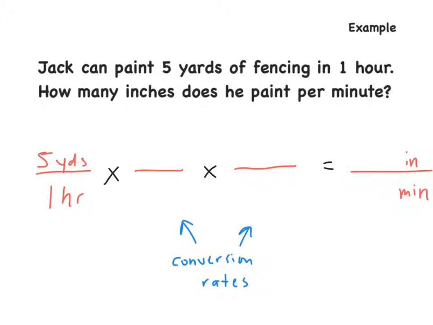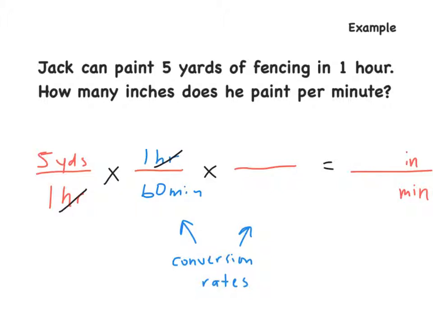We can either change yards to inches or hours to minutes, since hours to minutes are easier. So, remember, hours must be diagonal. So, in 1 hour, how many minutes are there? There are 60 minutes. And if it helps you, hours cancel out.